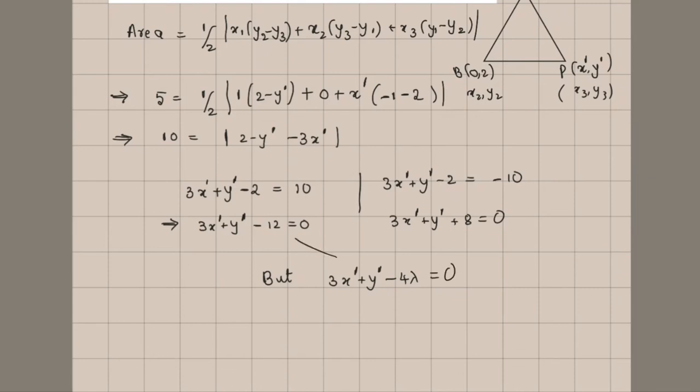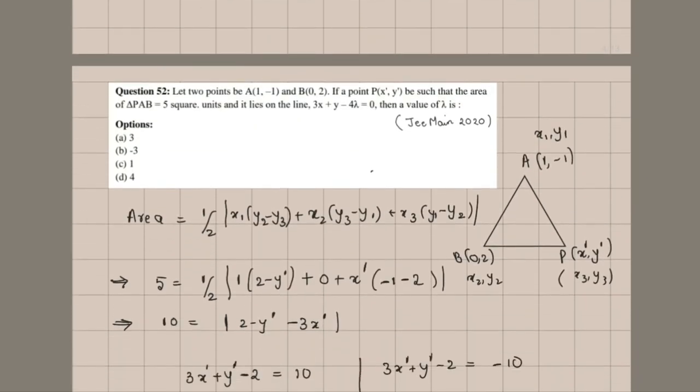If you compare these two and these two, we get minus 4 lambda equal to minus 12, so lambda will be 3, or minus 4 lambda equal to 8, so lambda equals to minus 2. So lambda can be 3 or minus 2. So minus 2 is not there, 3. So this is the correct answer.